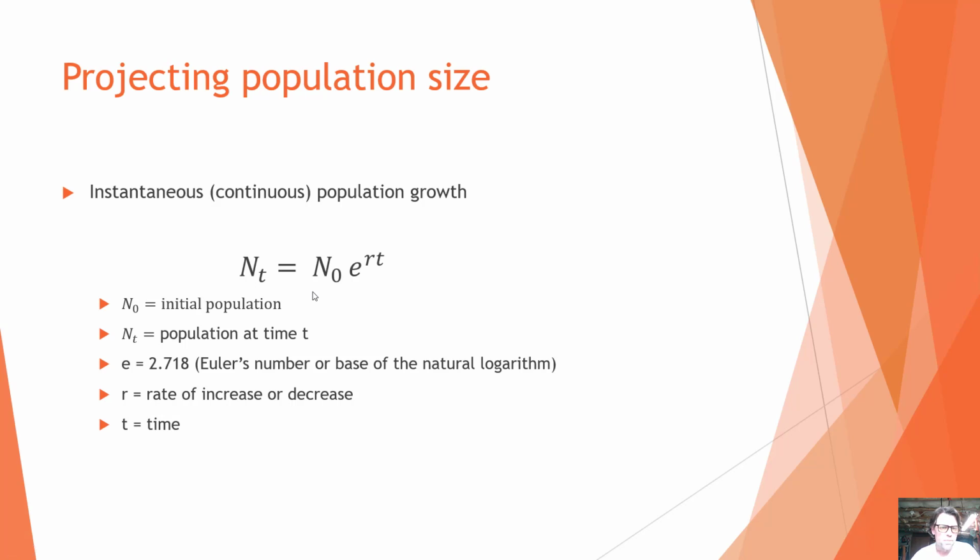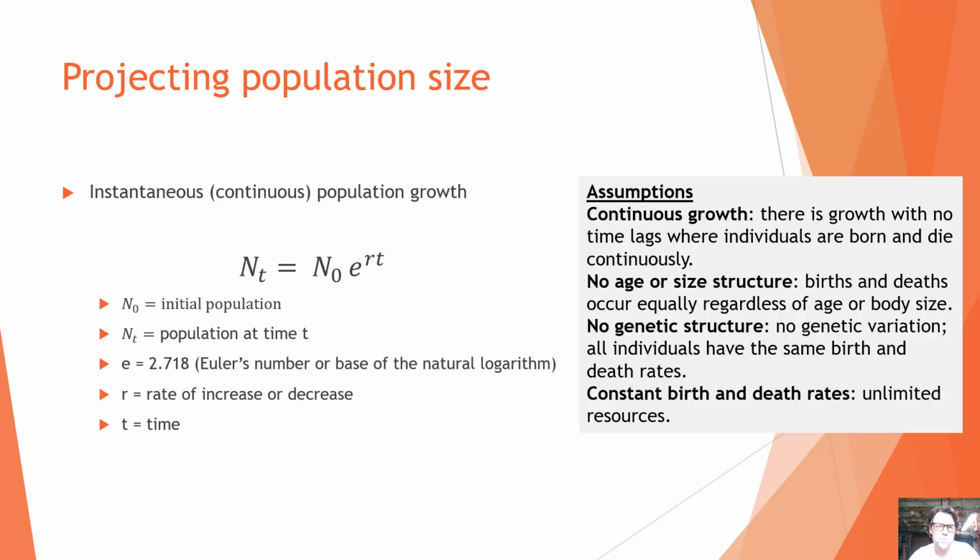The population at the next time period is equal to N sub 0, the initial population, times Euler's number, designated by e, which is simply the base of the natural logarithm, equal to 2.718. All of that is raised to a rate of increase or decrease times time, okay? There are some assumptions with this model, and this assumes that there's continuous growth.